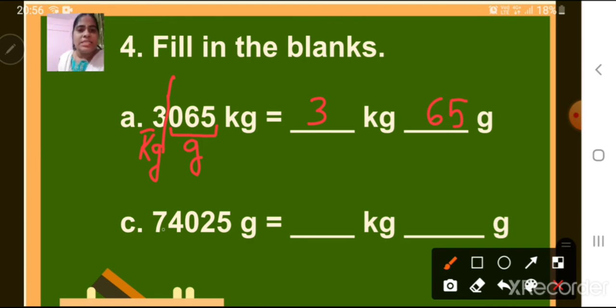C1 we have 74,025 grams. Okay. So you can just draw a line here after the last 3 digits. So your answer will be 74 kg and 25 grams. Got it children? Write it down in your textbook.